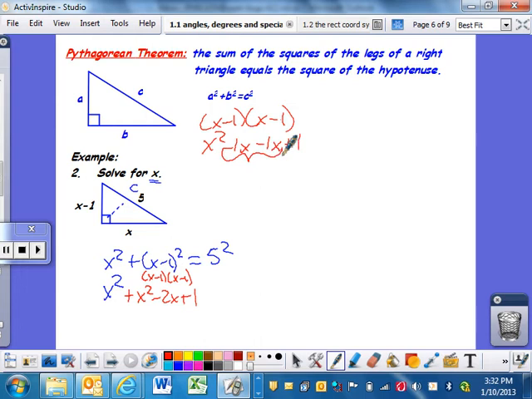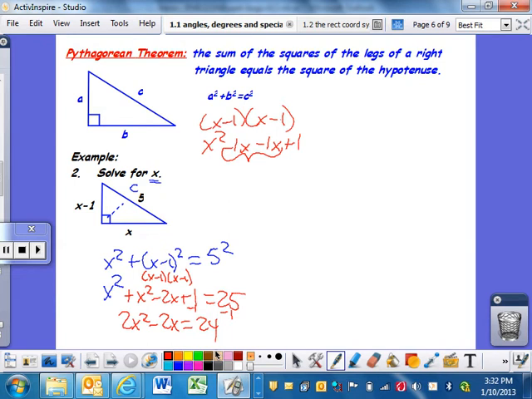The middle combines to your minus 2x. Now what like terms can I combine? I'm going to combine my 2x squareds to be a 2x squared minus 2x, but then I want to subtract this 1 over.